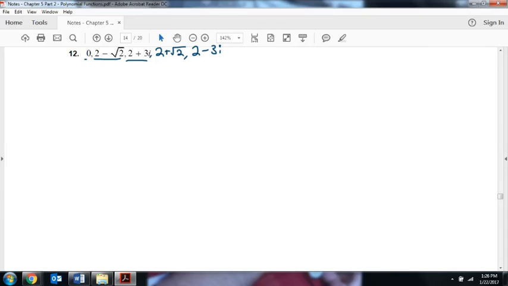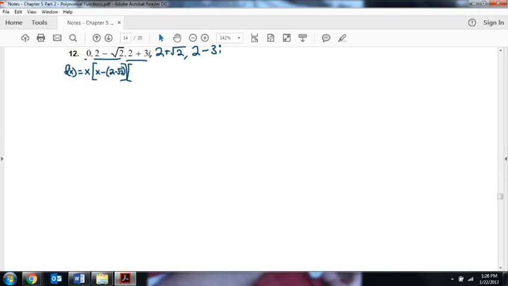So here we go. I've got f of x equals, well, x minus 0 is simply just x, which is nice. And let's do it with the radicals first. Not that I have to, I'm just going to do it first. So I've got x minus (2 minus the square root of 2).